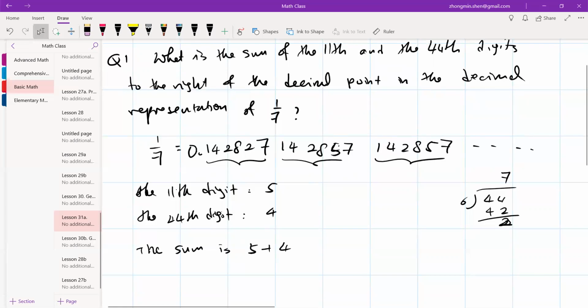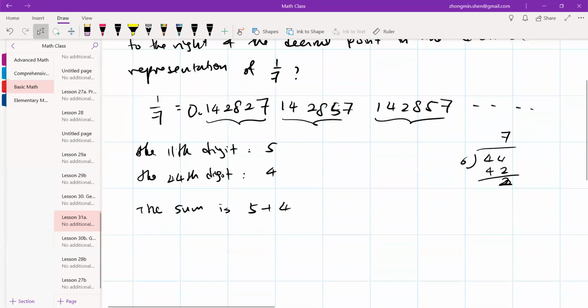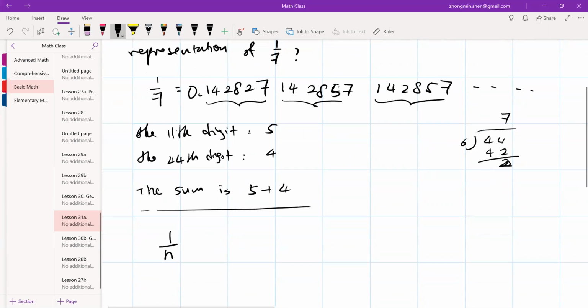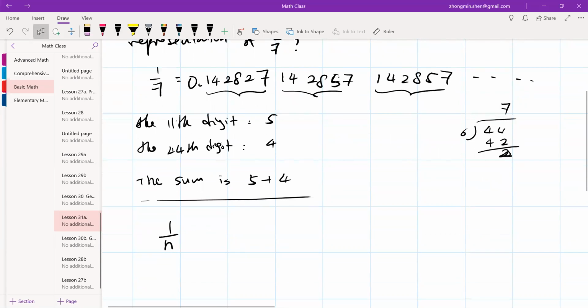My question is, what kind of fraction has a terminating decimal? Let's look at 1 over n. n can be 1, 2, 3, 4, 5, 6, 7.